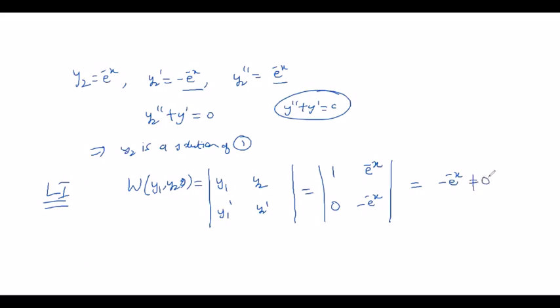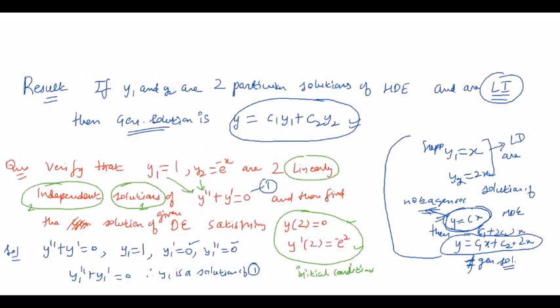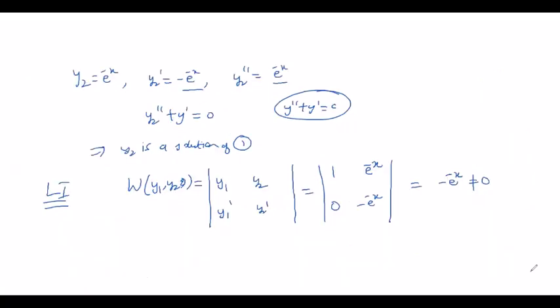And everybody knows this is always non-zero. The exponential function never takes the 0 value, right? So it's never going to be 0. In this particular question, no particular interval was given to us because these are always defined. Wherever an interval is given, only then you have to check the validity over that particular interval.